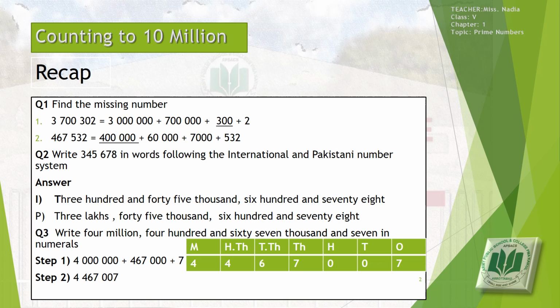So in words, it is 345,678. And in the Pakistani number system, as we know that 100,000 is lakh, and in 100,000 place we have the digit 3. So we will write it as 3,45,678.